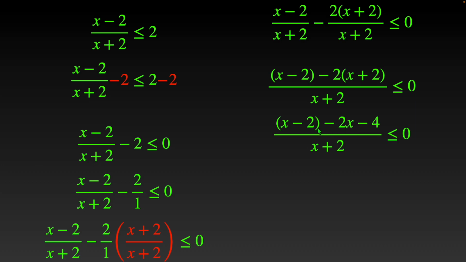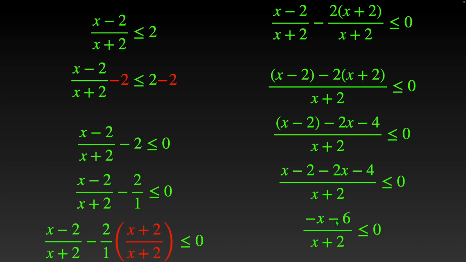We can drop the parentheses here now and combine like terms. x minus 2x is negative x. And negative 2 and negative 4, that's negative 6. So we get negative x minus 6 in the numerator, x plus 2 in the denominator, less than or equal to 0.